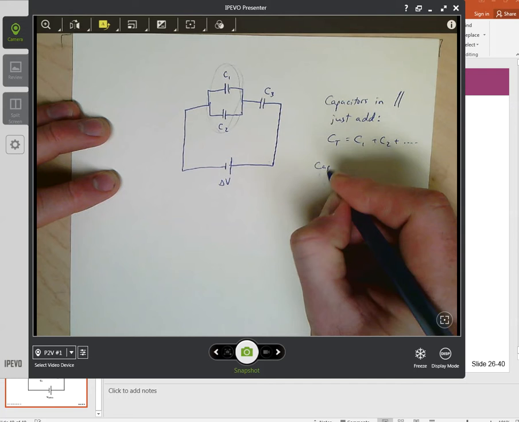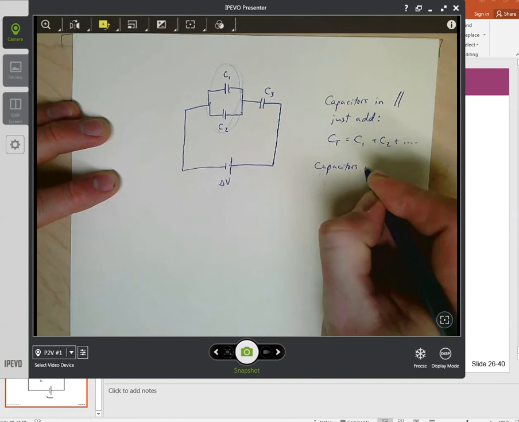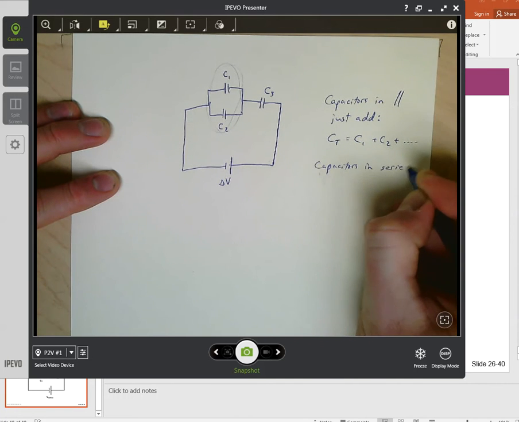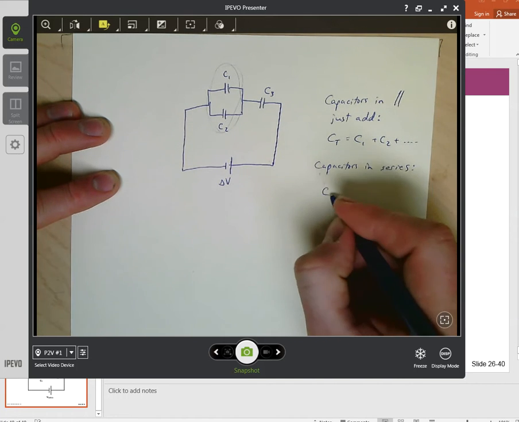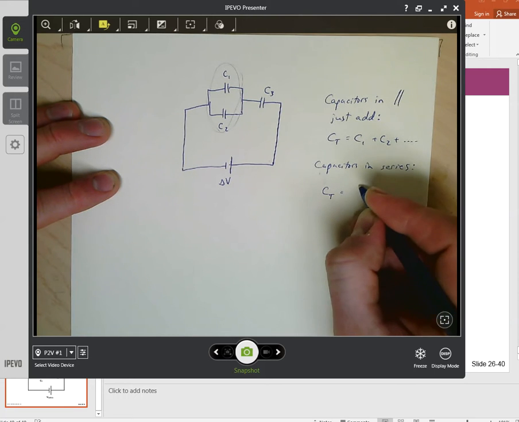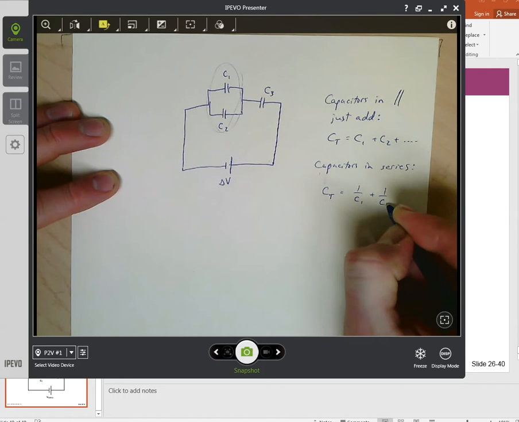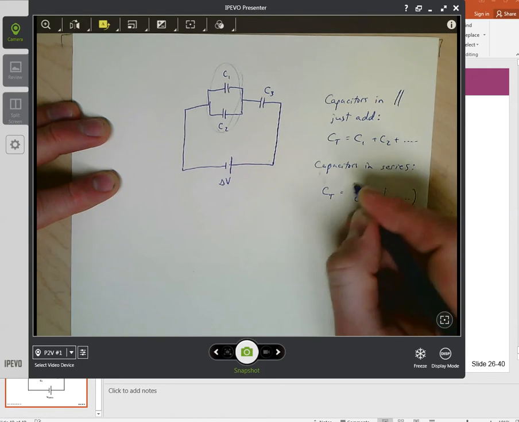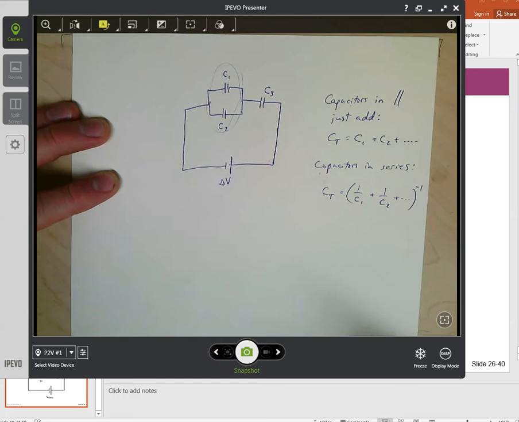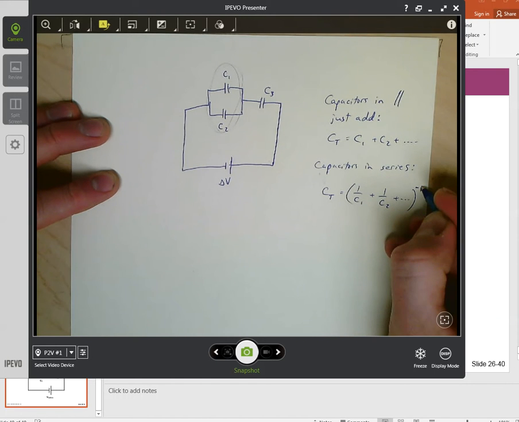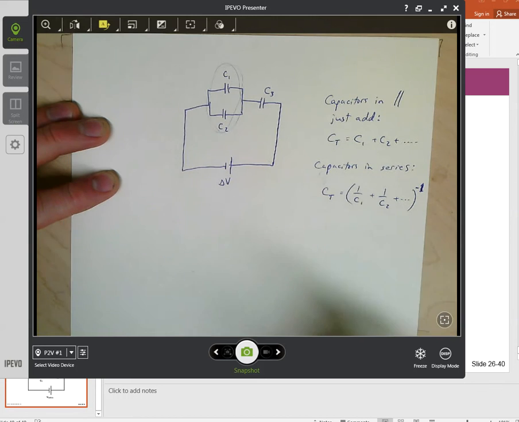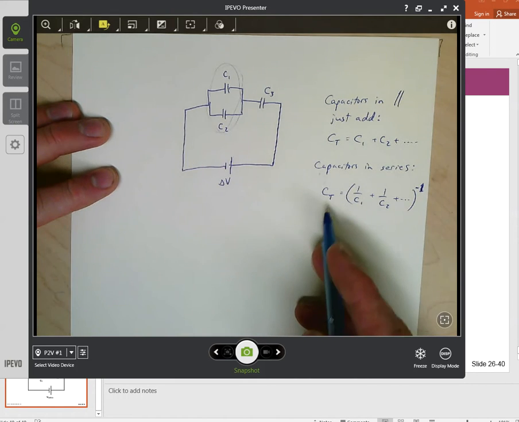For capacitors in series, they add in this kind of funny way: the total capacitance is equal to 1 over C1 plus 1 over C2, etc., and we're going to take the inverse of that. So that to the minus 1 power is really important there. We need to remember to add up their inverses, and finally take 1 over that number to get the total capacitance.